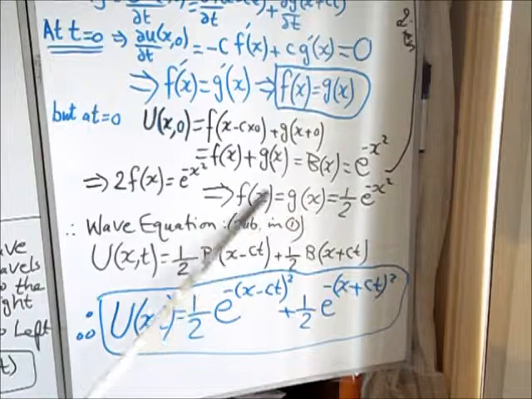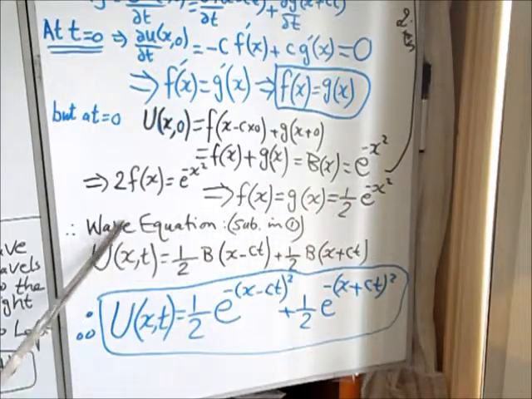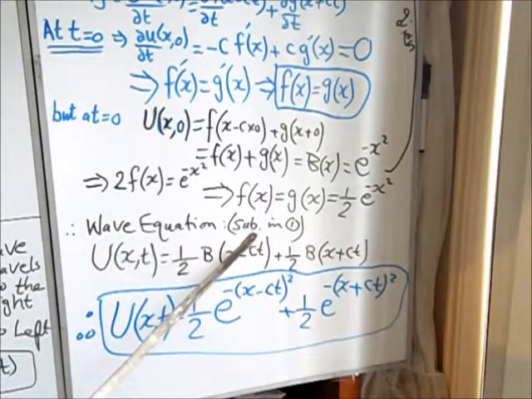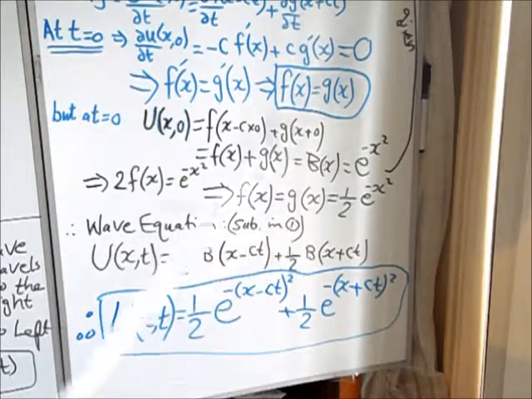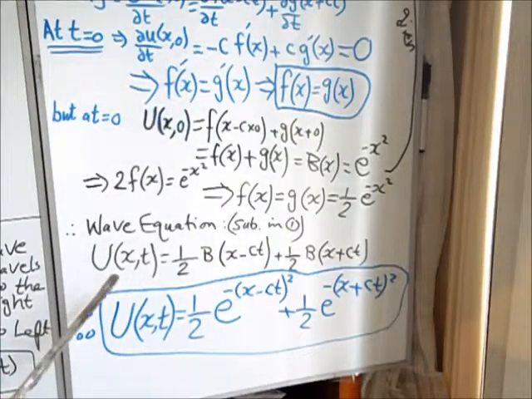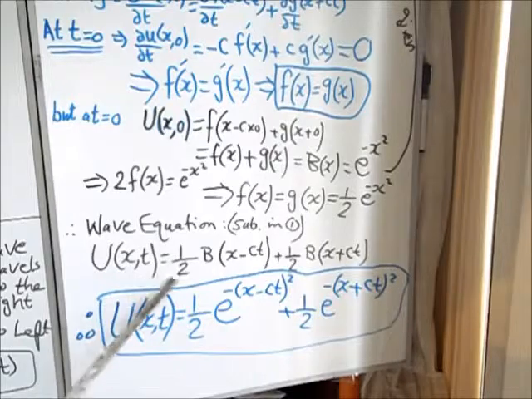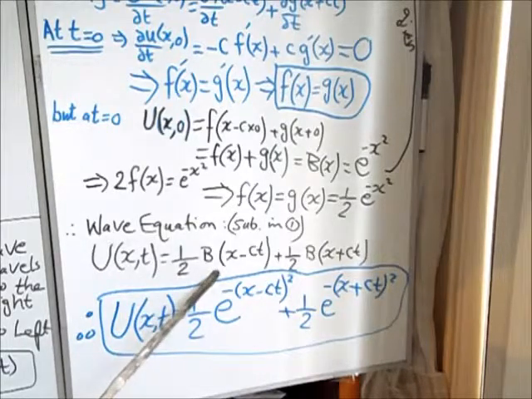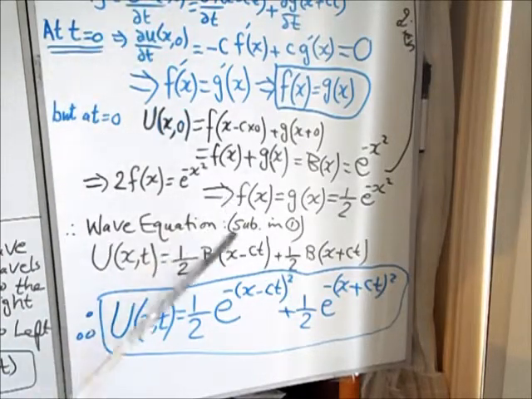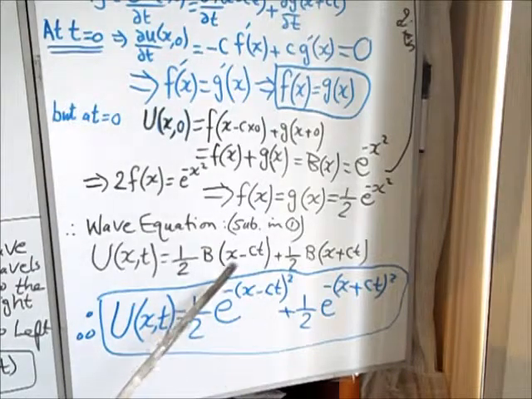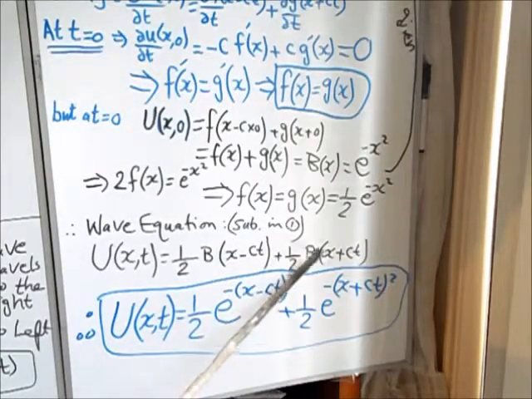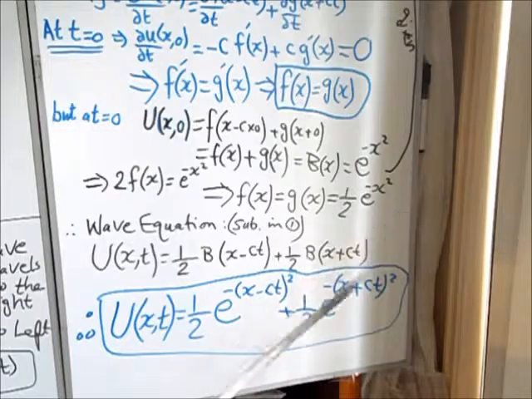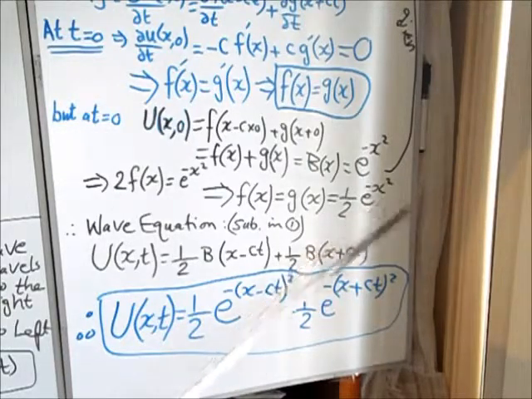Now we got this condition also. So the wave equation now is obtained by substituting in equation 1. So u of x, t now equals half, we call it b instead of f because that's what we use there, b of x minus ct plus half b of x plus ct. Now we are given that b is equal to e minus x squared.